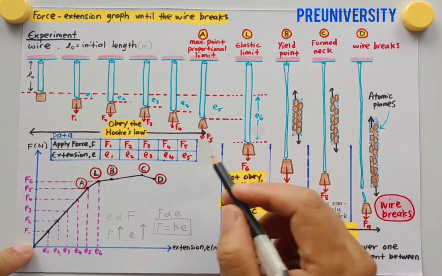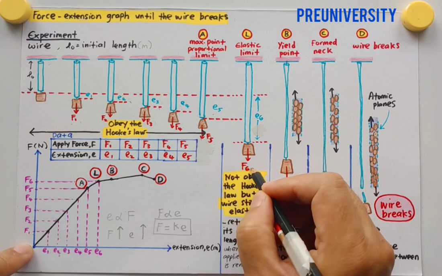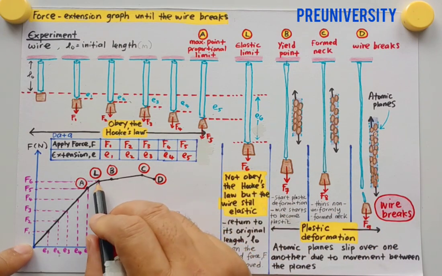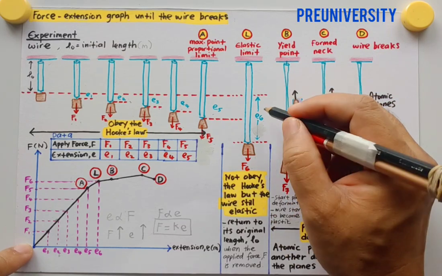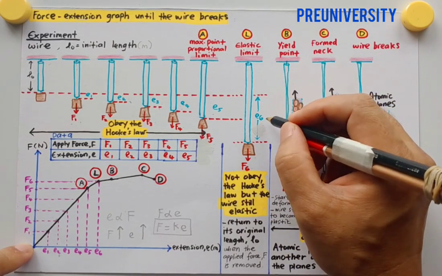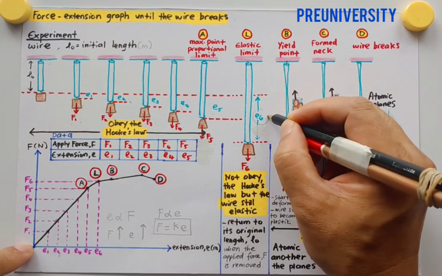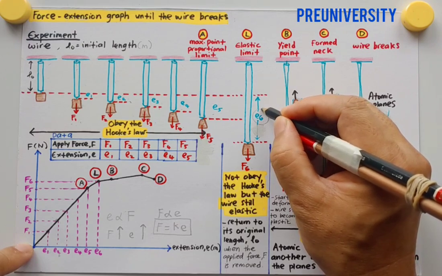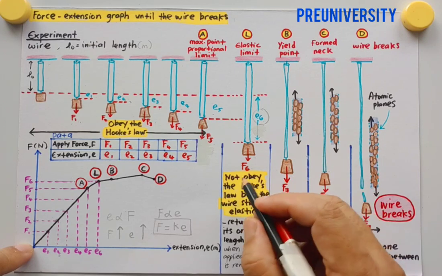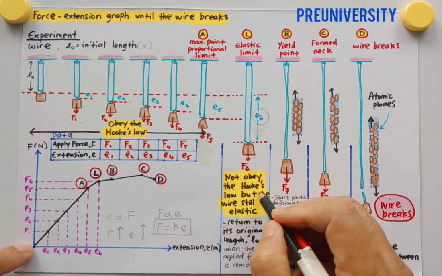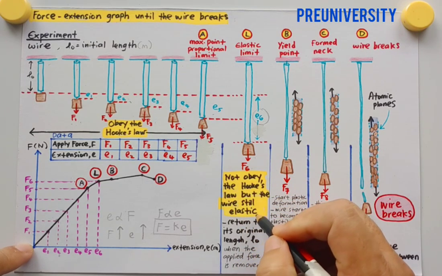And then we continue with the F6. When we continue with the F6, then what happened? So the wire still extends. So in this case, we label it as E6. But what we can see here is it does not obey Hooke's law, but the wire is still elastic.